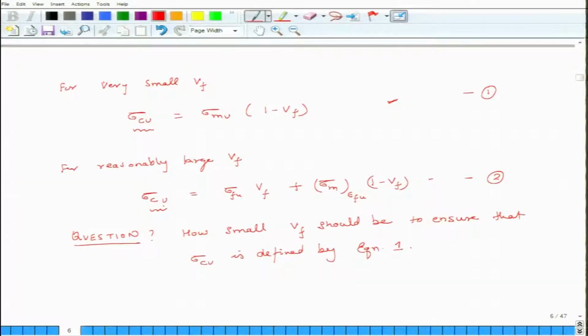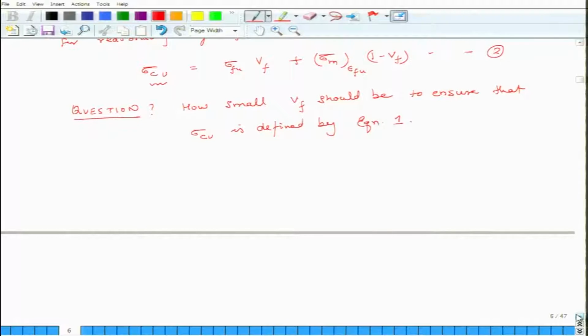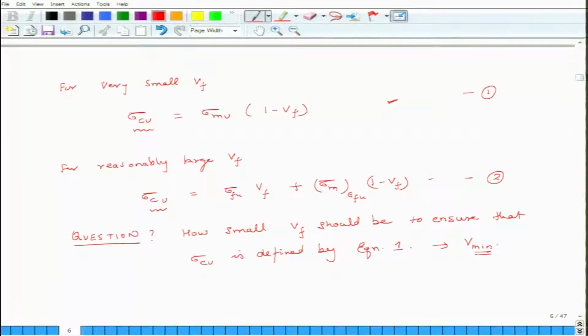That is the critical threshold level, which we call V min. At this crossover level, the prediction by equation 1 and the prediction by equation 2 will be the same.